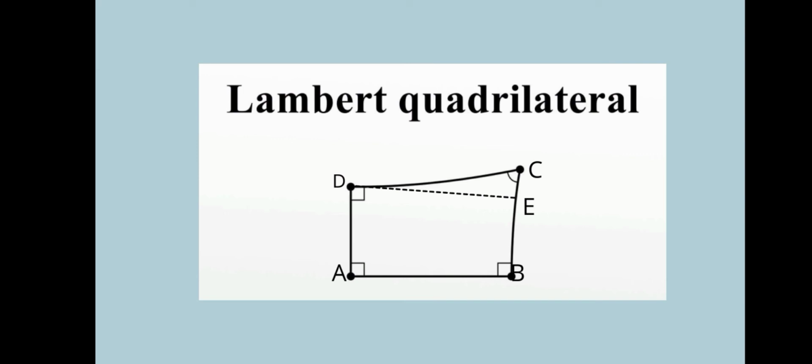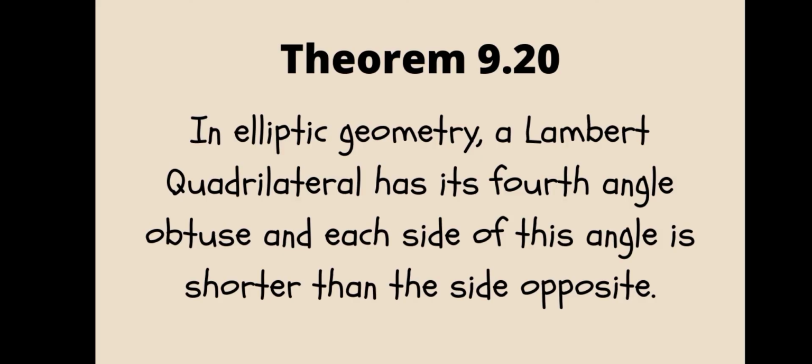This second contradiction allows us to conclude that BC is indeed less than AD. This means that a side adjacent to the obtuse angle is smaller than the side opposite. So therefore, we have proved Theorem 9.20.